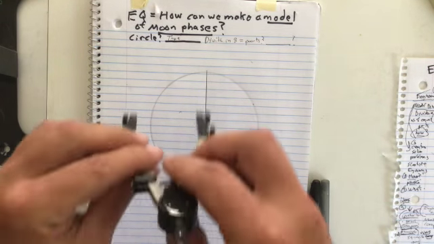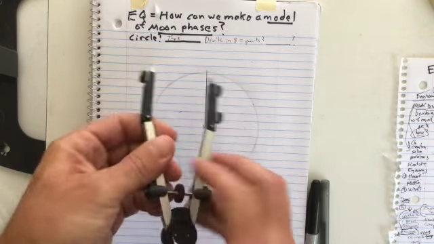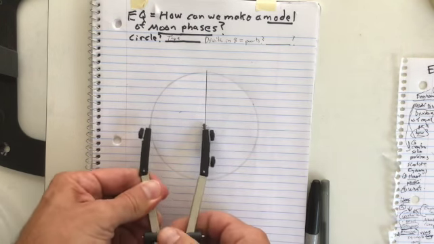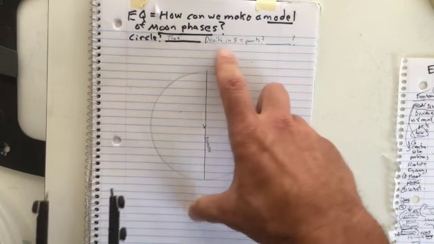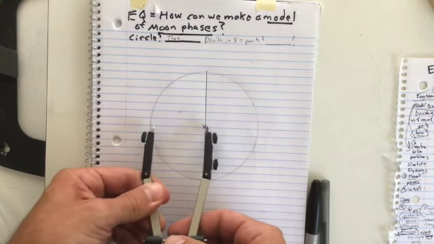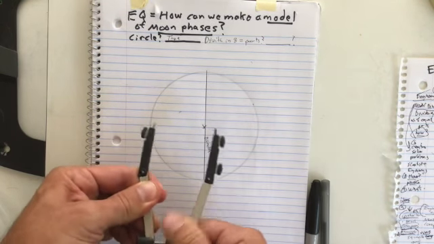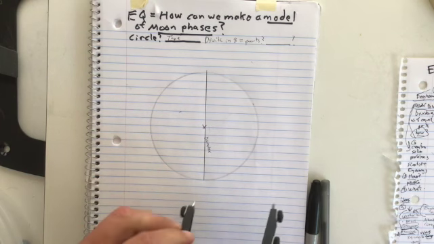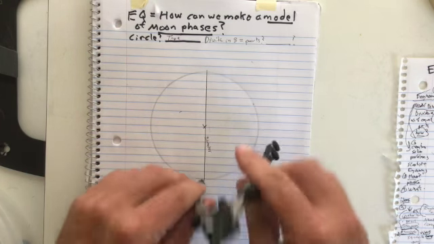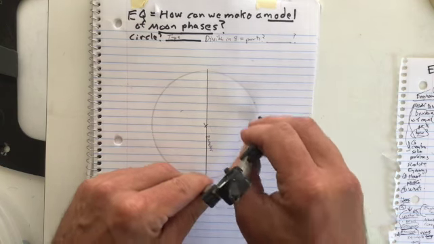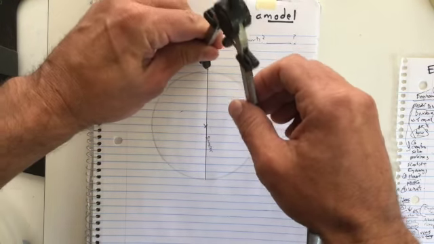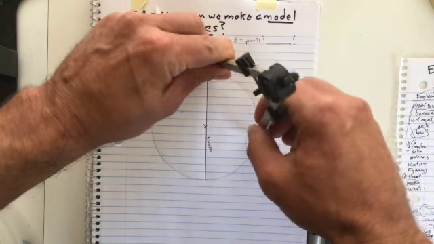Okay, so the next part, we're going to take our compass and make it a little bigger than the radius. The radius is this part right here. That's the radius. This part's the diameter. It really doesn't matter how much bigger. Then we're going to put a point here at the bottom and make an arc, and then a point at the top, make an arc.